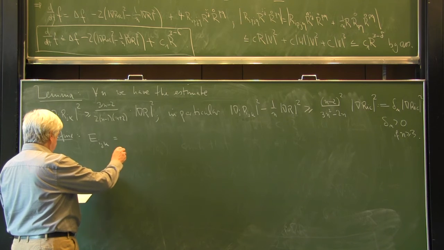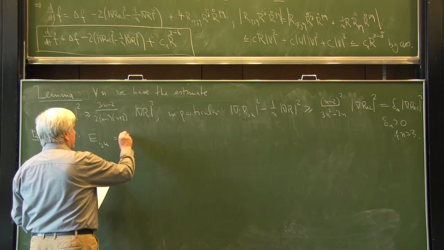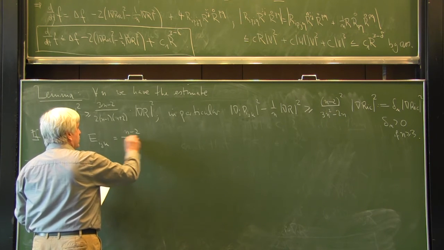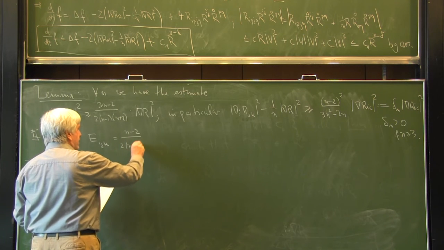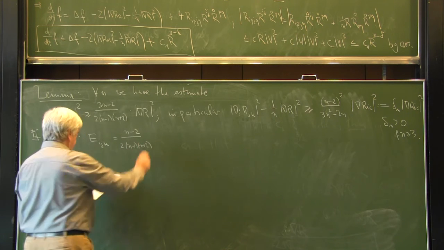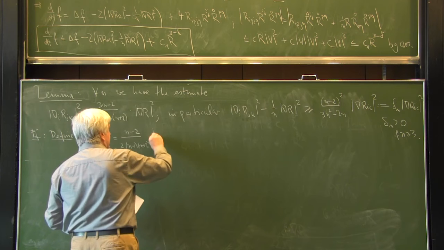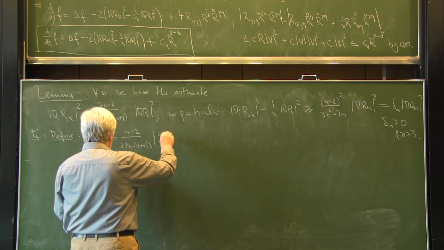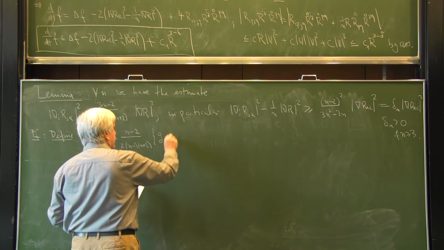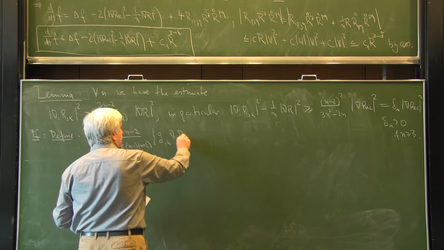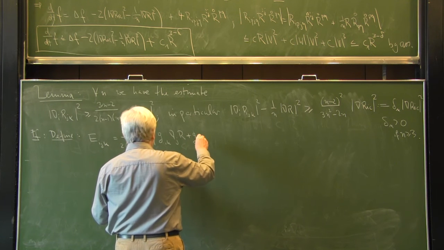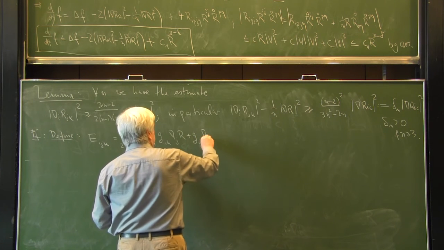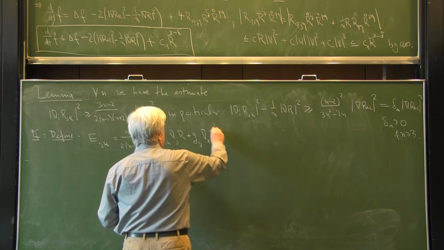So we use E_ijk is equal to (n minus 2) divided by 2(n minus 1)(n plus 2) times g_ik gradient_j r plus g_ij gradient_k r.